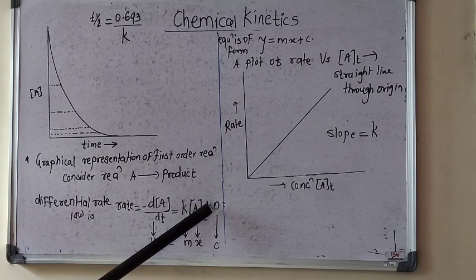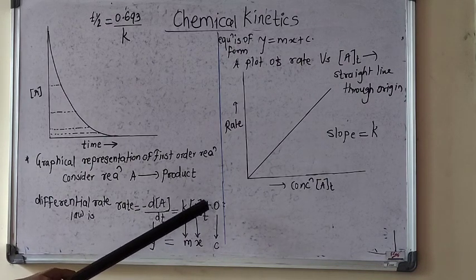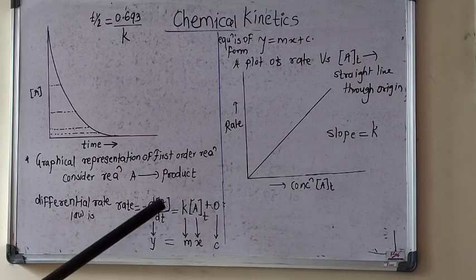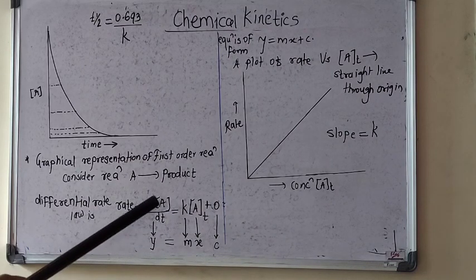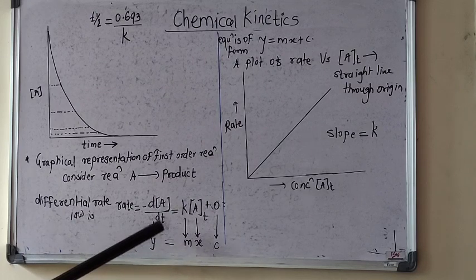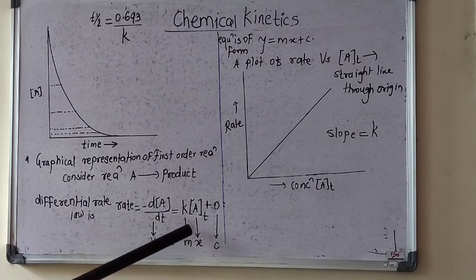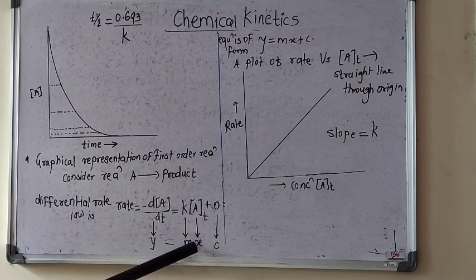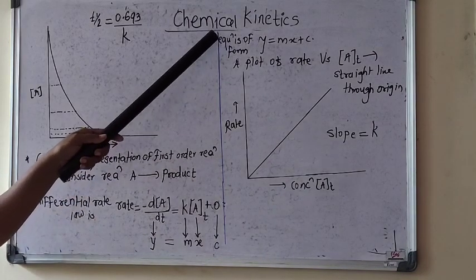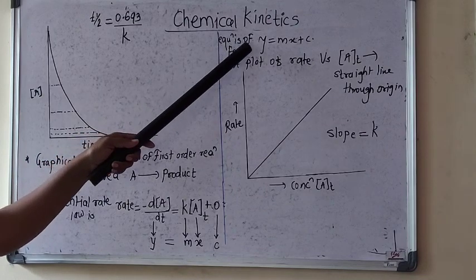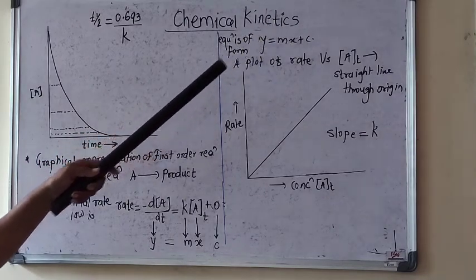We write it as [A] plus 0, since nothing else is there. This equation can be written in the form y equal to mx plus c, where k is equal to m, the molar concentration of A is x, and c is a constant with value 0. So it is in the form y equals mx plus c.